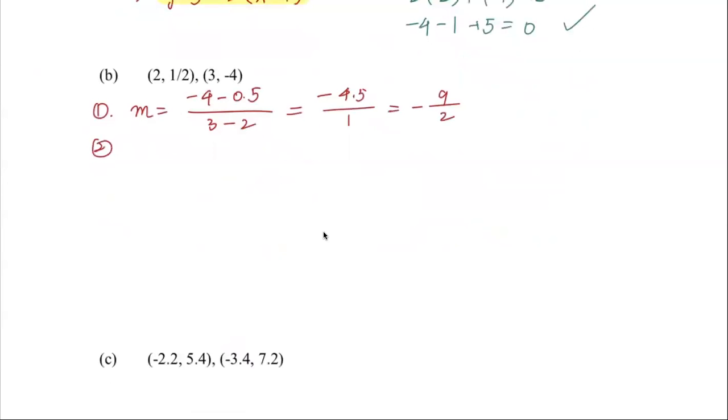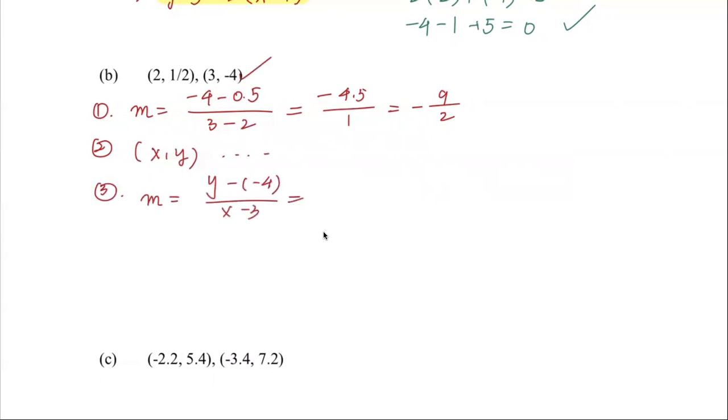And now we have the slope, we have 2 points, we have more information than needed to find the expression, right? So now we can let (x, y) represent all the points on the straight line, and then we use the slope formula again, right? Let's use this point: y minus minus 4 over x minus 3.